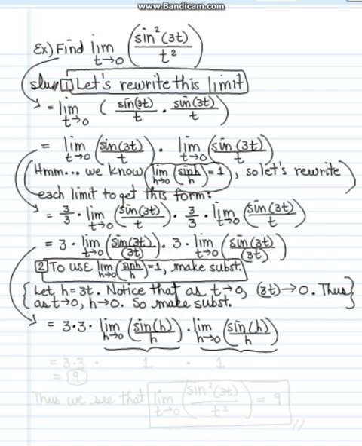So that's equal to 3 times 3 times 1 times 1, applying what we said in step 2. So that's equal to 9. Thus, we've shown that the limit as t approaches 0 of sine squared 3t over t squared, the original limit, is indeed equal to the number 9.